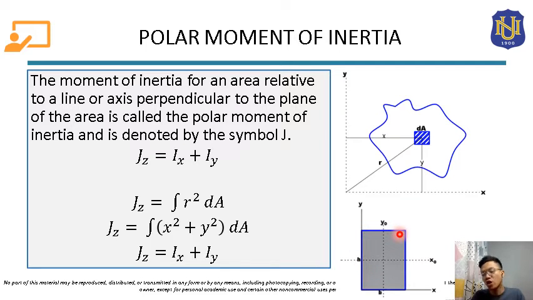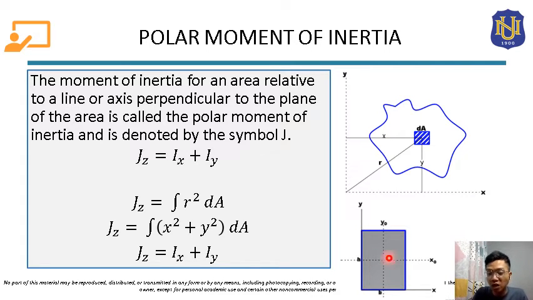If we are going to measure the moment of inertia with respect to the axis that is located perpendicular to one of the corners of this rectangle, so let's say the corner that we're going to consider is here at this corner. The axis that is perpendicular to this corner is the z-axis.